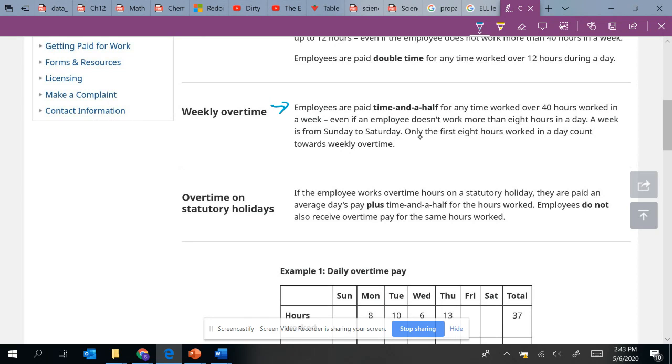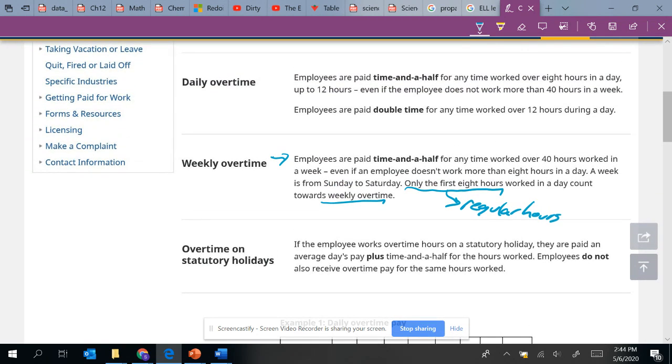Only the first 8 hours, which means regular hours in a day, count towards weekly overtime. So you have to take regular hours and turn them into weekly overtime. You cannot take daily overtime hours and turn them into weekly overtime. In other words, you cannot get overtime on top of your overtime pay.